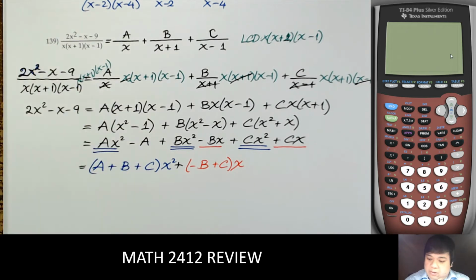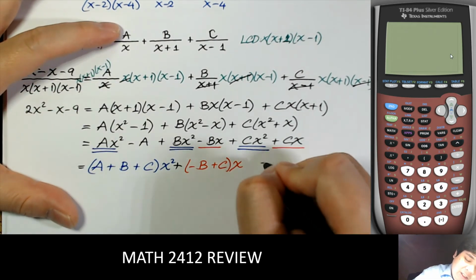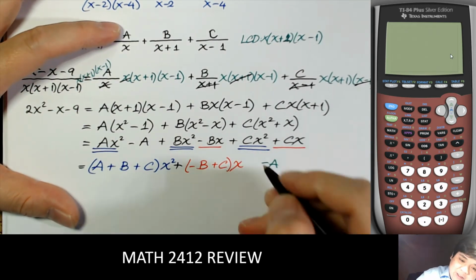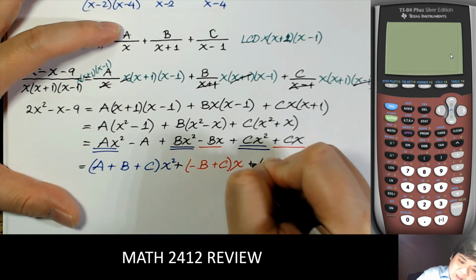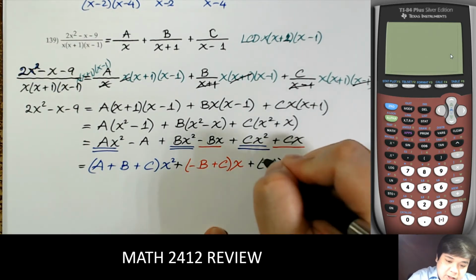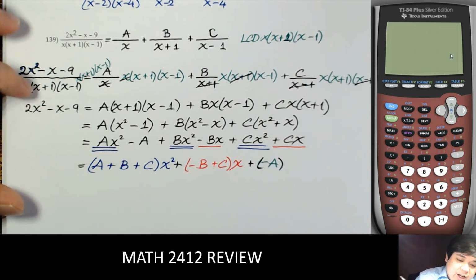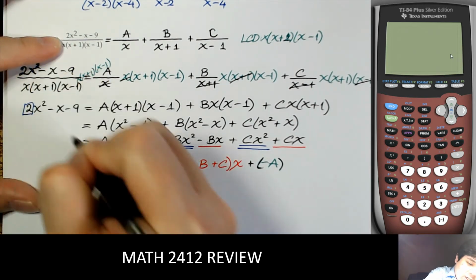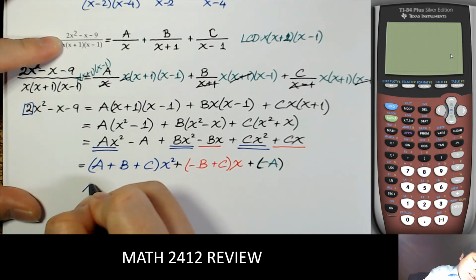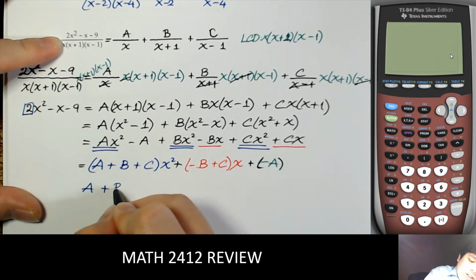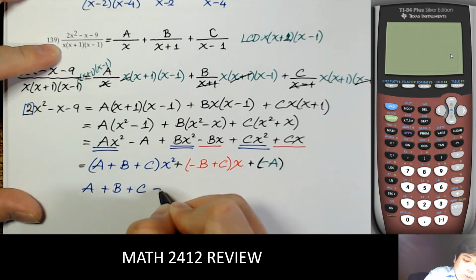It's just the negative a. Now we just match the coefficients. On the left hand side we have 2x squared, so a plus b plus c must be equal to 2.